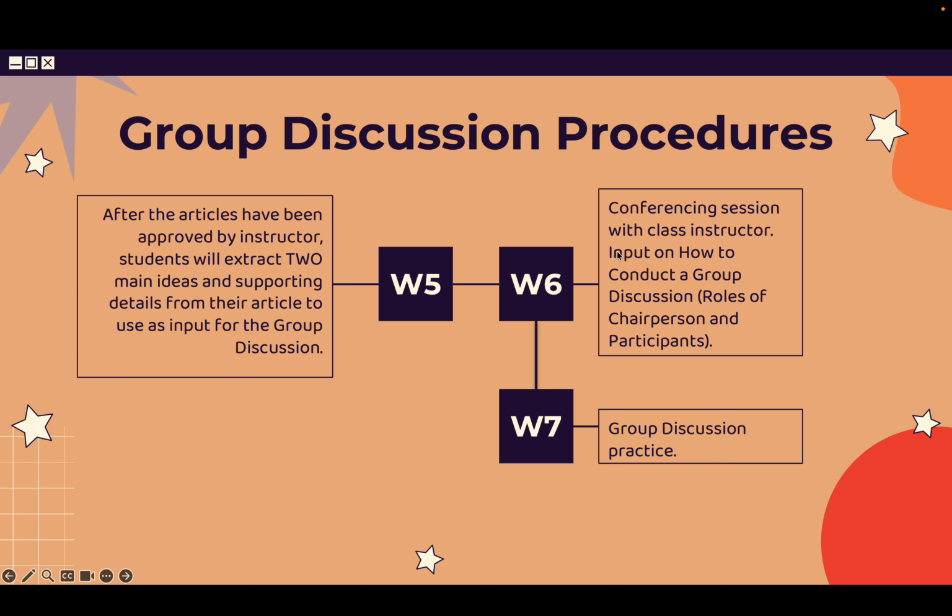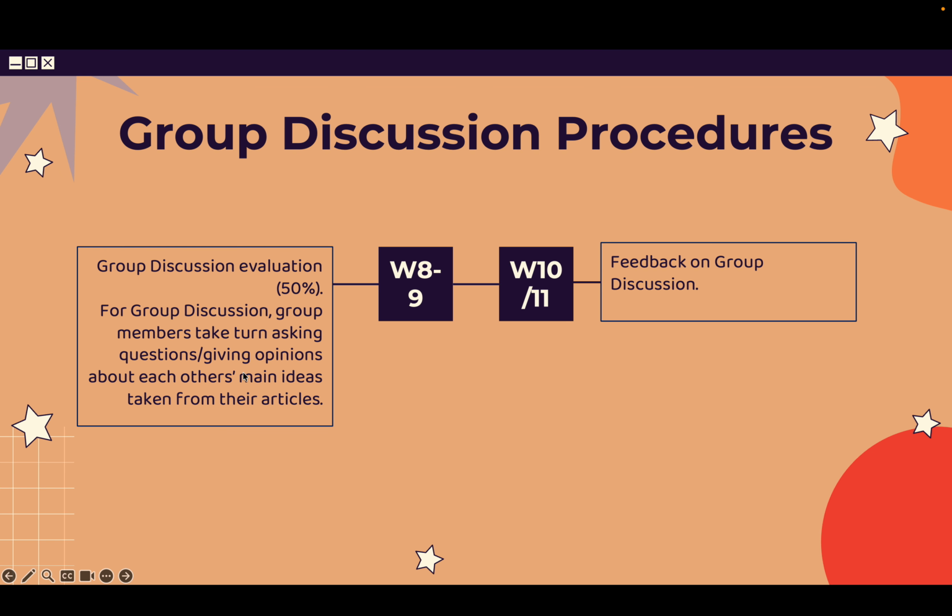Week 6, there will be conference sessions with the class instructor, giving input on how to conduct a group discussion, roles of chairperson and participants. Week 7, they will have a group discussion practice among themselves in class. It's up to you. Week 8 until 9 is the group discussion evaluation, which is 50%.